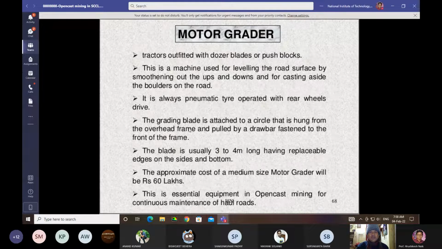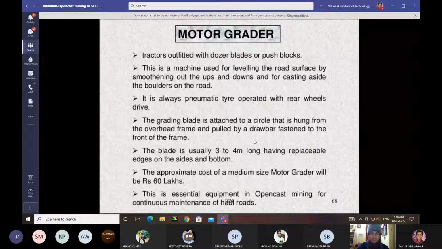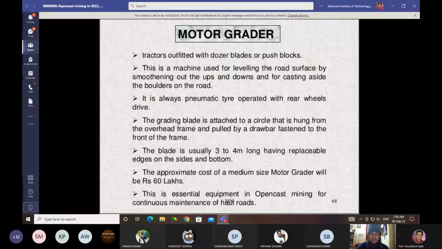The grading blade is attached to a circle that is hung from the overhead frame and pulled by a drawbar fastened to the front of the frame. The blade is usually 3 to 4 meter long, having replaceable edges on the sides and the bottom. The approximate cost of a medium-sized motor grader will be 60 lakhs. This is essential equipment in open cast mines for continuous maintenance of the haul roads. So the motor graders are used for maintenance of the haul roads.